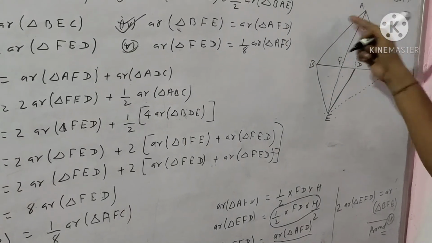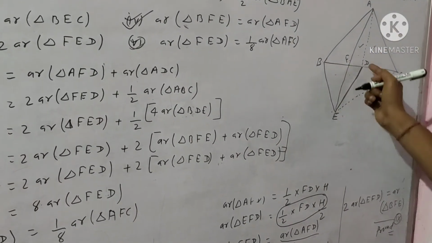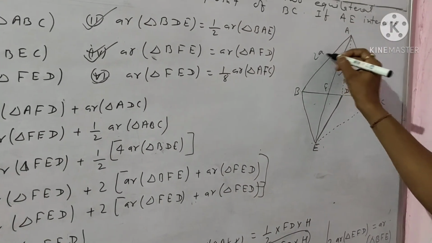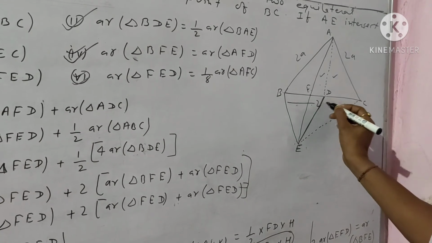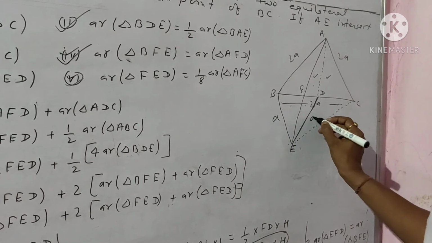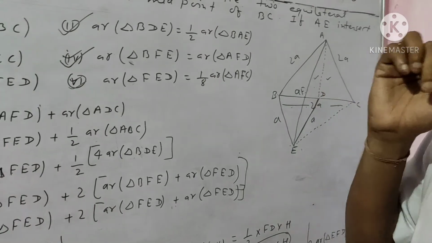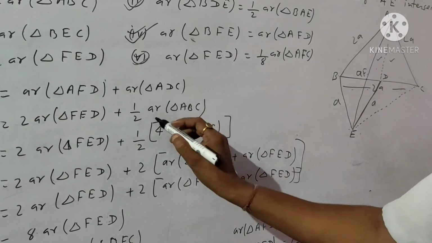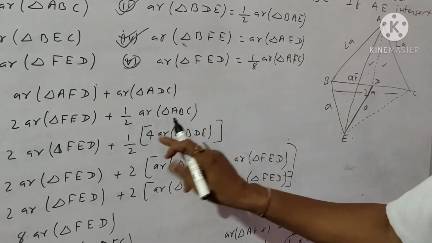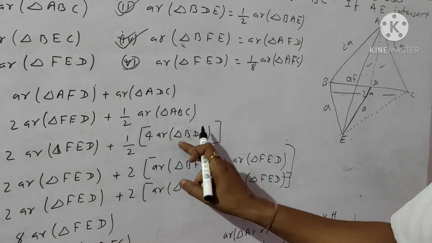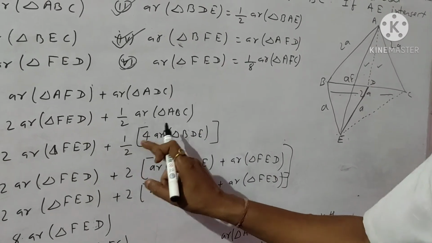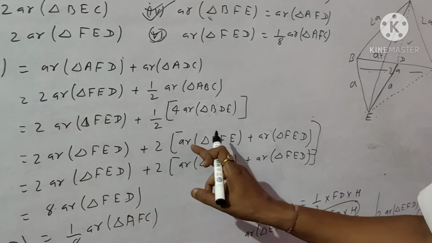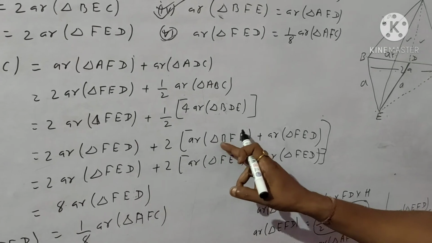If the side is 2A, this side is 2A, this side is also 2A, and this one is A, this one is A, and this is A. So A and A by 2, that means 1 by 4, 4 times the area of triangle BDE. So write down 1 by 2 into 4 times area of triangle BDE. 2 cancels. So 2 times area of triangle FED plus 2 times area of triangle BFE.